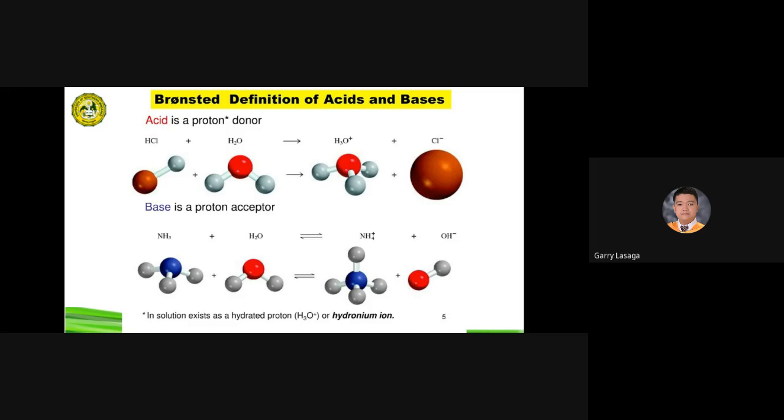So water ang base. Tama, no? Bakit base ang water in this particular equation? Bakit siya base?